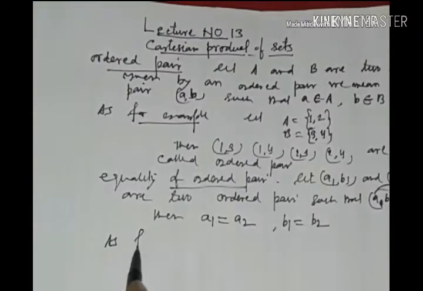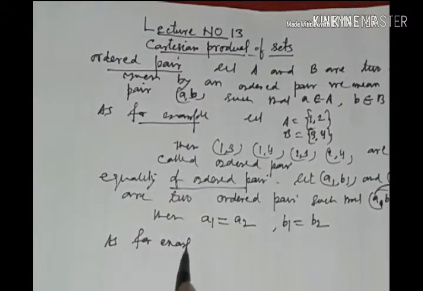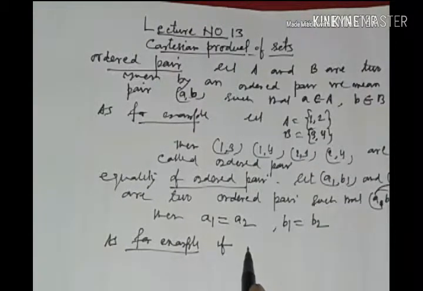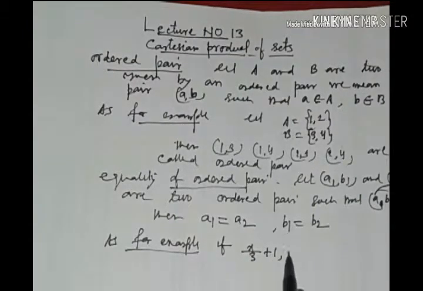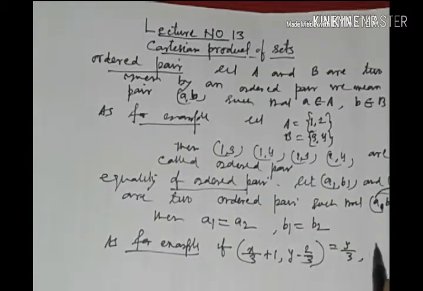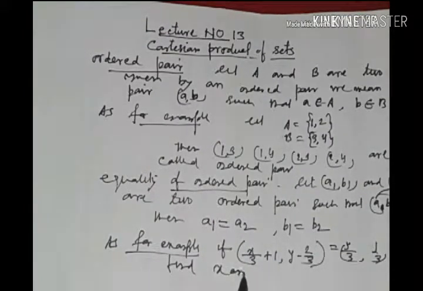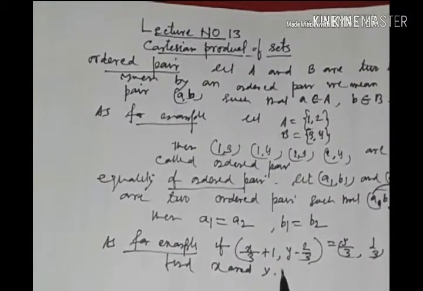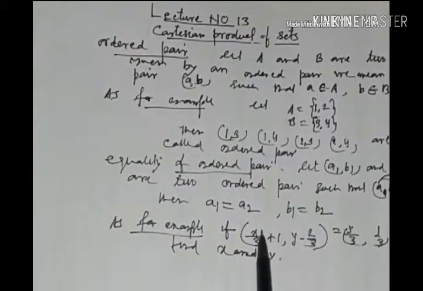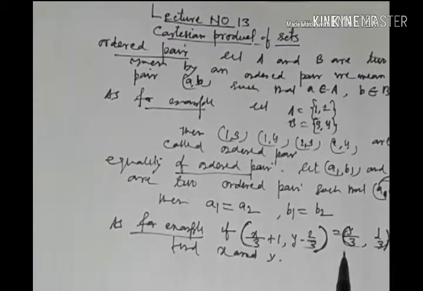As for example, it is in exercise number 2.1. If (x/3 + 1, y - 2/3) is equal to (5/3, 1/3), then find x and y. Here we see that this is an ordered pair, this is an ordered pair, and these two ordered pairs are equal.